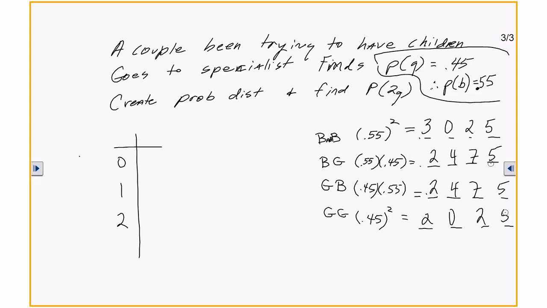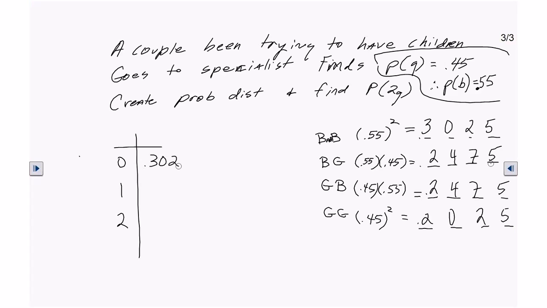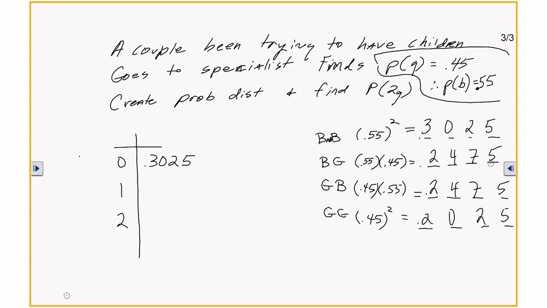Now, if you were to add all those up, what do you think you'd get? 1. Go ahead and try. And are all of them between 0 and 1? Yes. 0.3025, 0.2475, 0.2475, and 0.2025. So if you add those up, you're going to get 1. You have just formed a probability distribution. The probability of her having two boys is 0.3025.